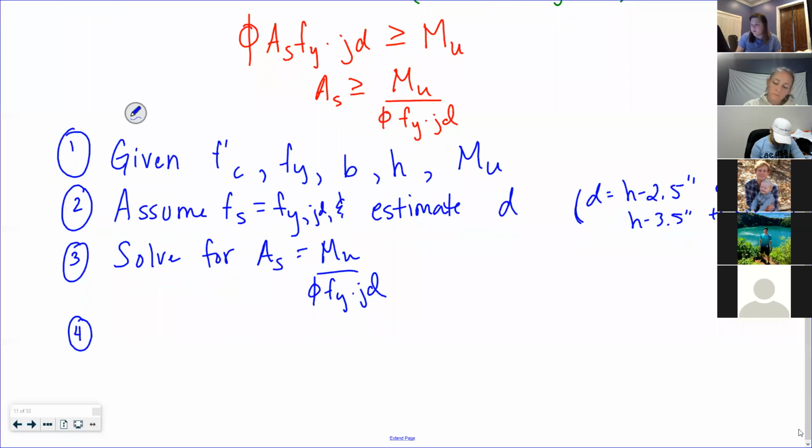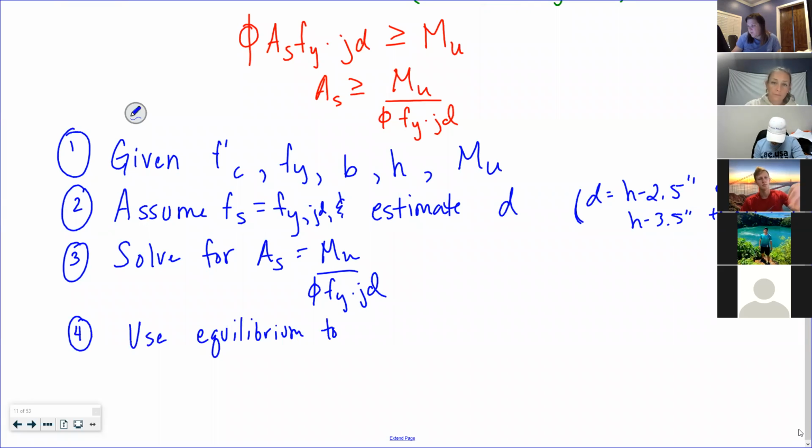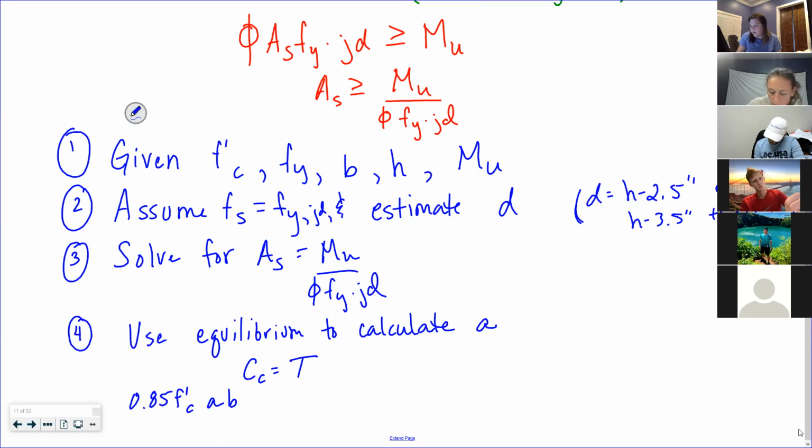And then you're going to use 2 equations. You're going to use equilibrium to calculate the depth of your stress block a. So we have C equals T: 0.85 f'c a b equals As fy.